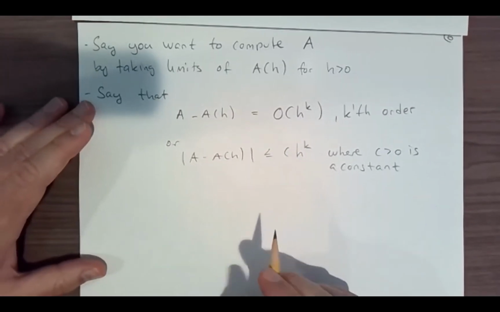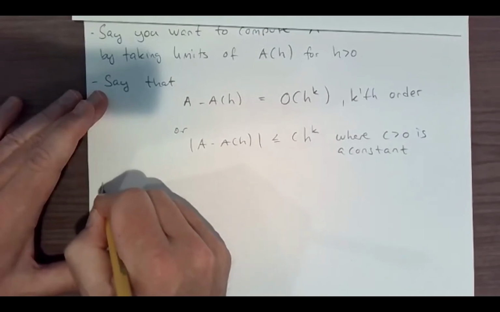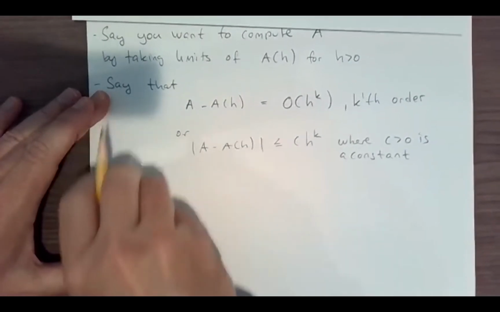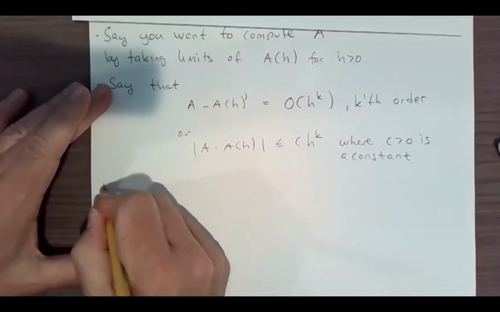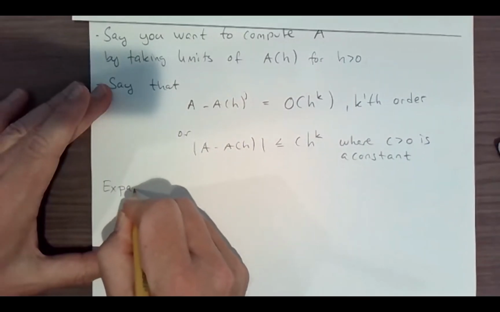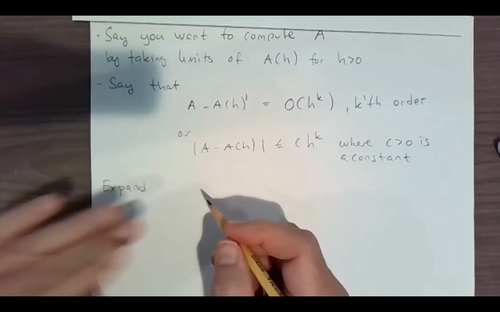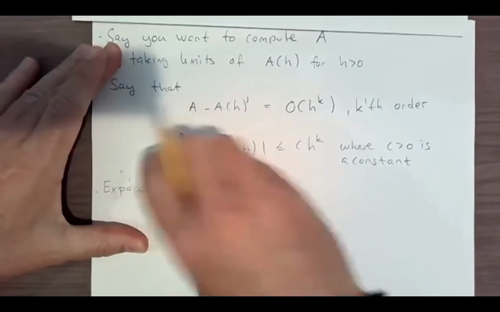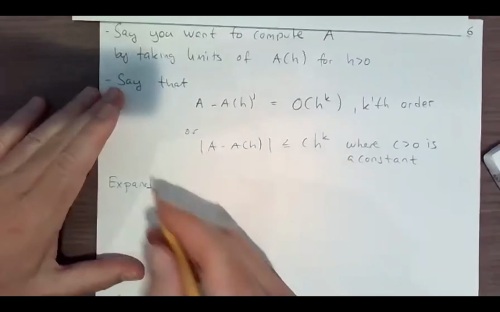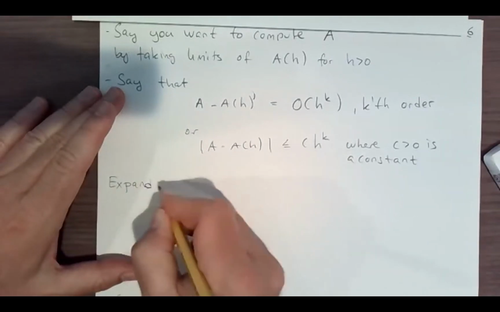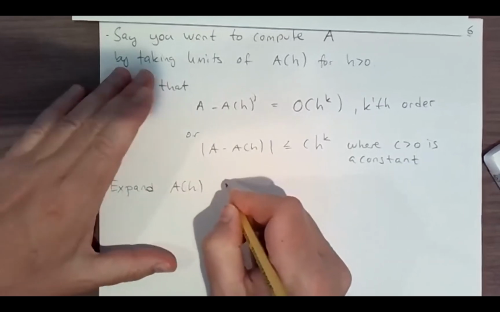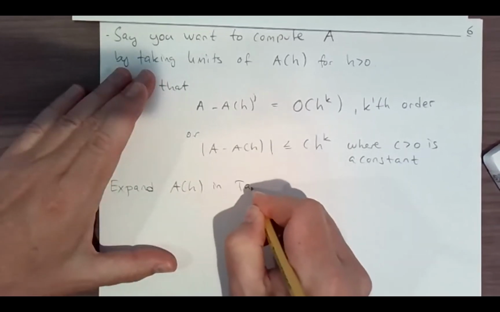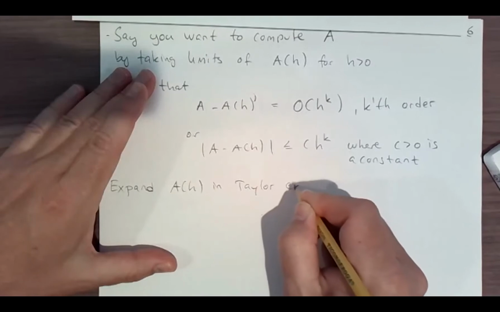And the way to get around that is that, again, you expand. We always expand when you do this sort of analysis. It's always Taylor expansions that you use. You expand A of H in Taylor expansions.